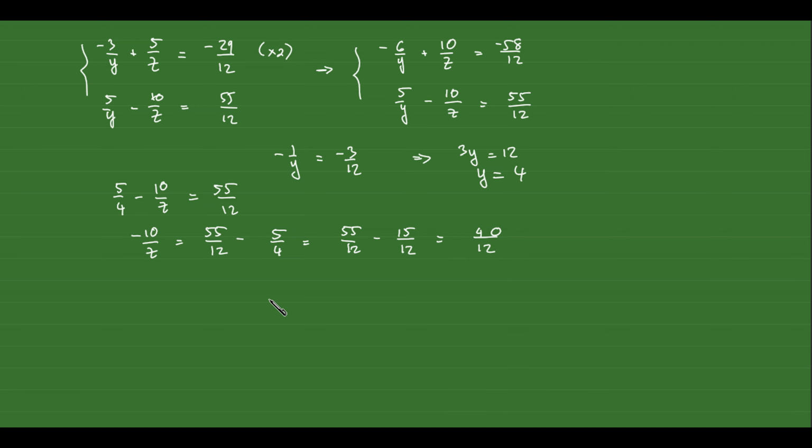Right, and so let me see if this is correct or not. 5 over 4. Okay, 3 over here, 3, 15. 40 over 12.